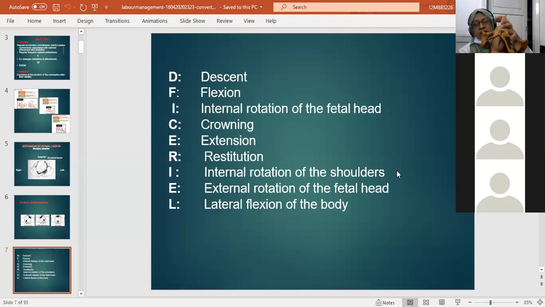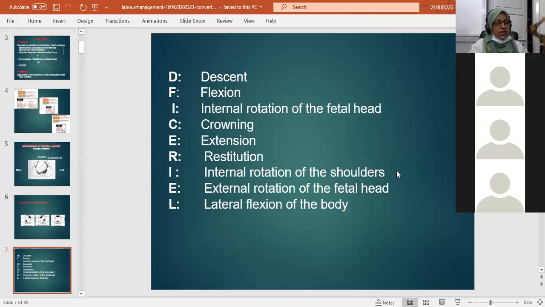Once there is external rotation, there is a lateral flexion of the fetal head, and the anterior shoulder will be delivered. Then again there is a lateral flexion, and the posterior shoulder will be delivered, and the remaining body delivers itself.